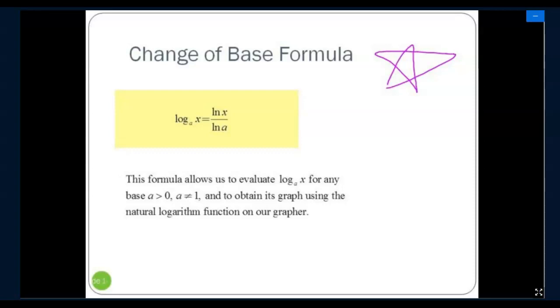However, now our calculators have grown increasingly smarter, and we can actually do a change of base on our calculators. So what I'm going to do real quick is show you where the new log feature is.